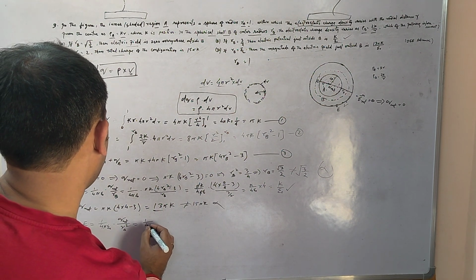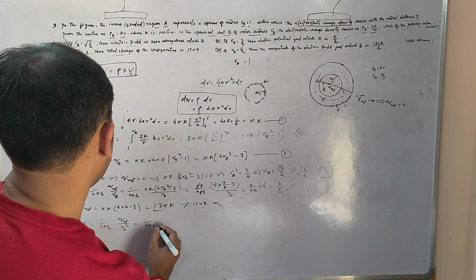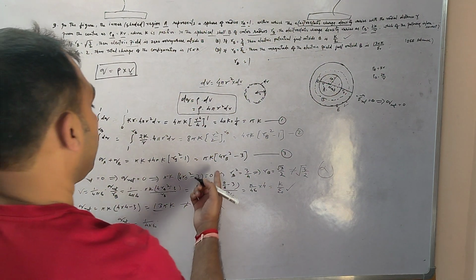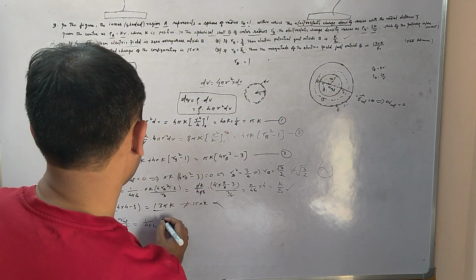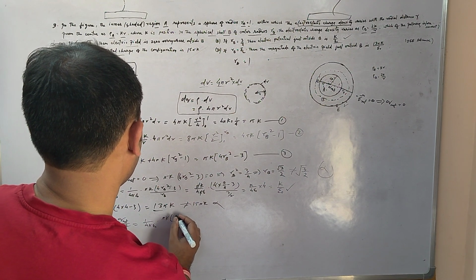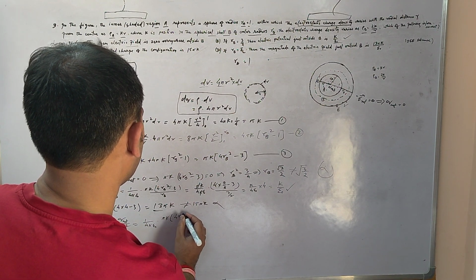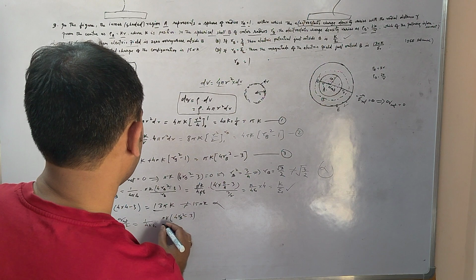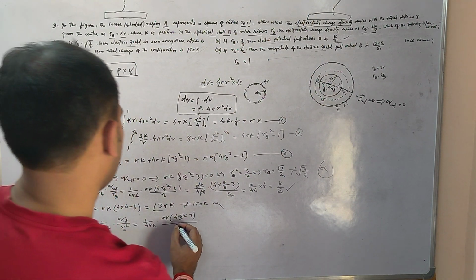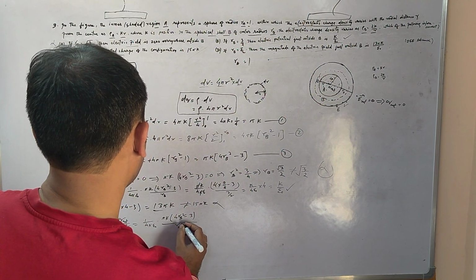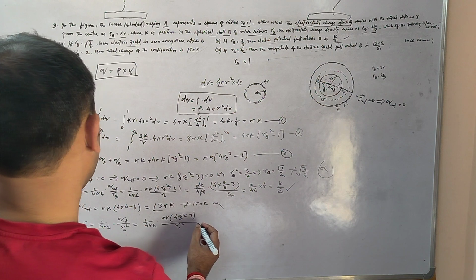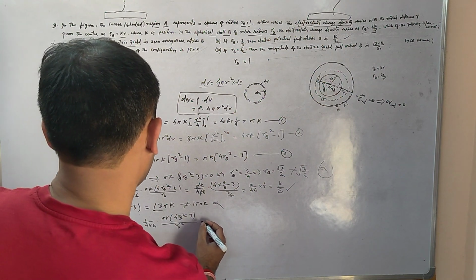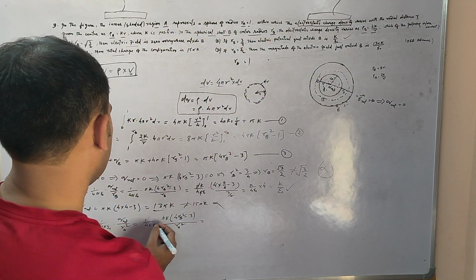So 1 by 4 pi epsilon naught, Q net, this pi k times 4 RB square minus 3, by RB square. Pi cancels out.